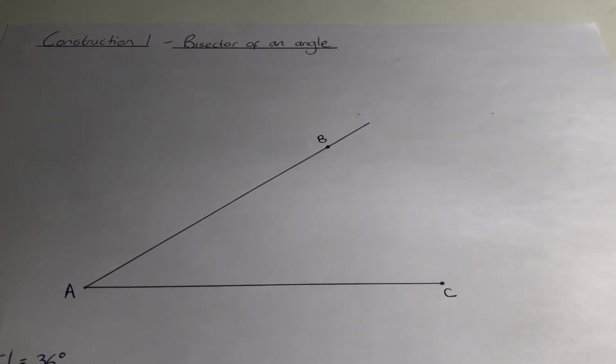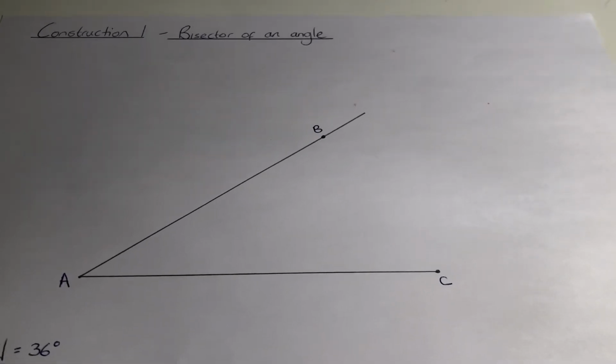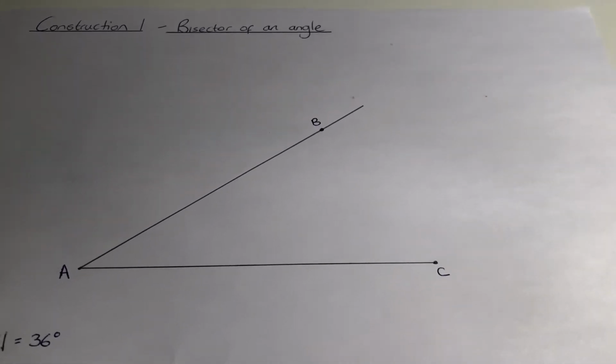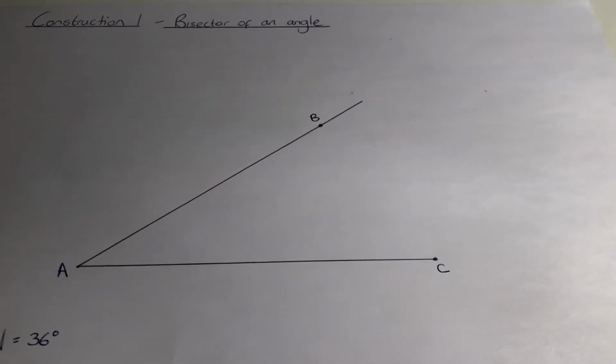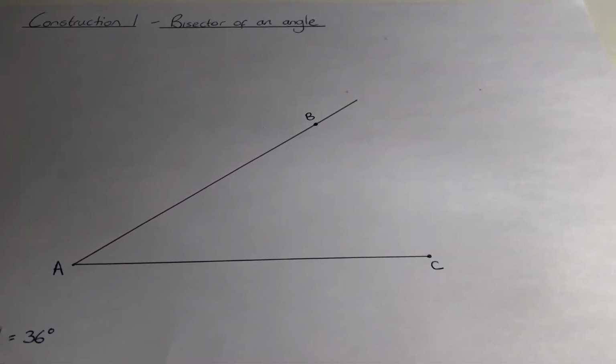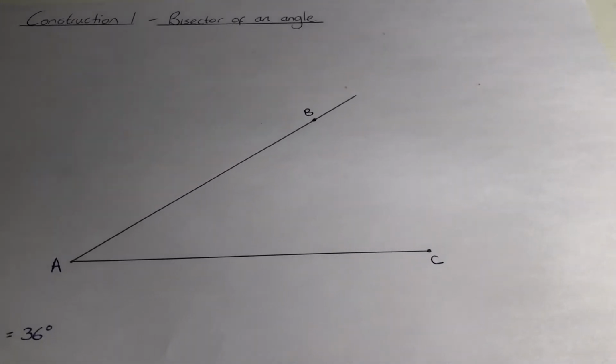Hence the word bi meaning 2, and it sounds a little bit like dissect, which you may have heard of before, which would be to cut something open. So together, bisect means to cut something into 2, and they must be of equal measurements.